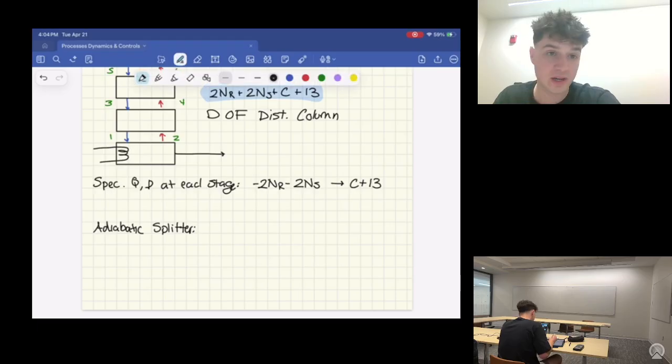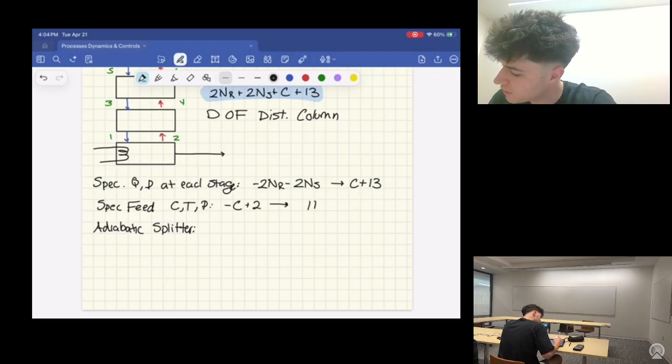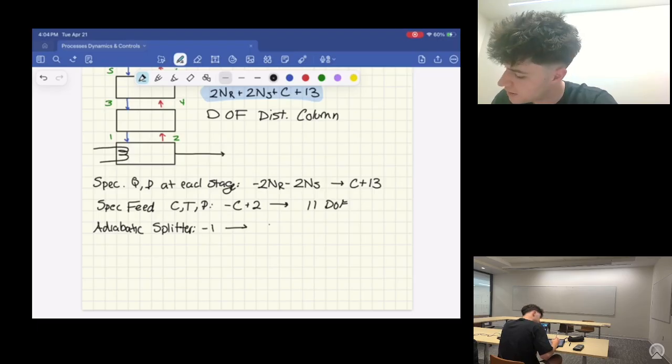So first we actually need to do the specifications of the feed, which is temperature, pressure, which would be negative C plus 2, which gets you 11 degrees of freedom. And then for this adiabatic splitter, just have negative 1, which gets you 10 degrees of freedom.